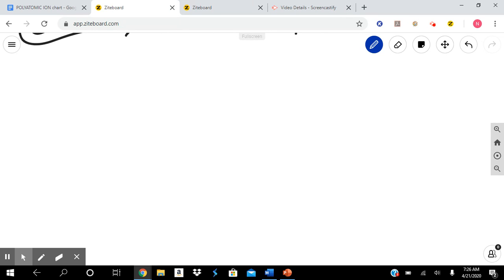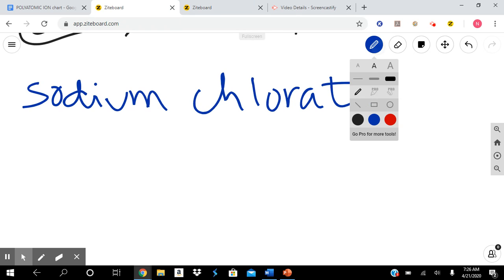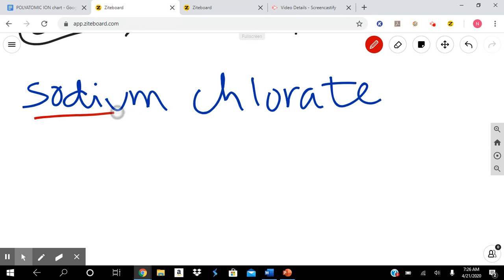All right, problem number 1 was sodium chlorate. Looking at this, it is regular sodium. It comes from group 1, so what does it have?